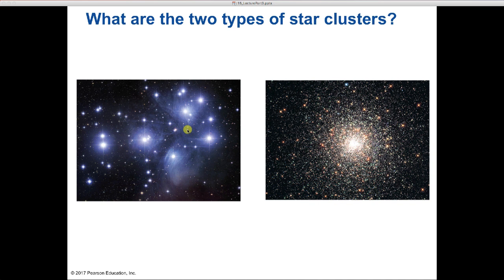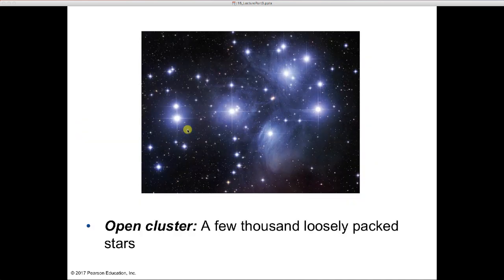So a globular cluster is a very dense cluster of stars. There could be 1,000,000 stars packed into a small region of space. The open cluster might only have a few thousand stars, loosely packed in a region, but packed in isn't a great word. They're just distributed in this region of space, but they're all associated with each other. They were all formed out of the same material, the same big cloud of gas, but they're not very dense.